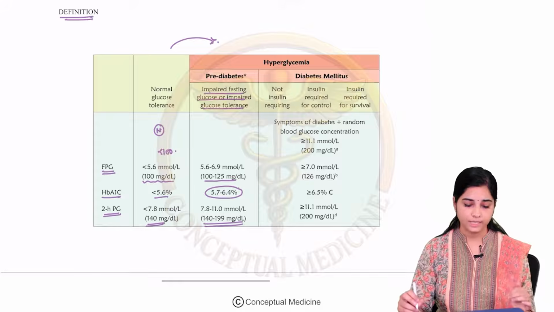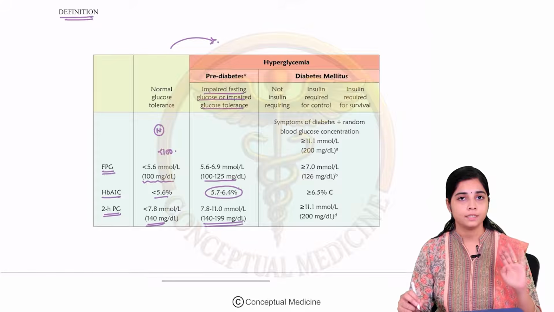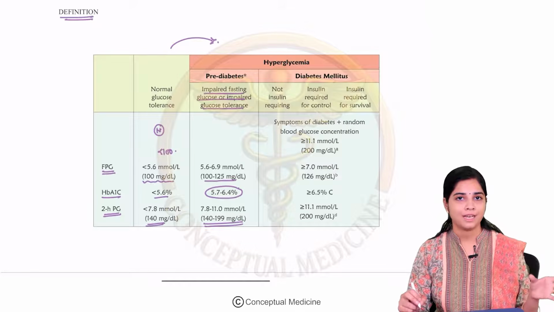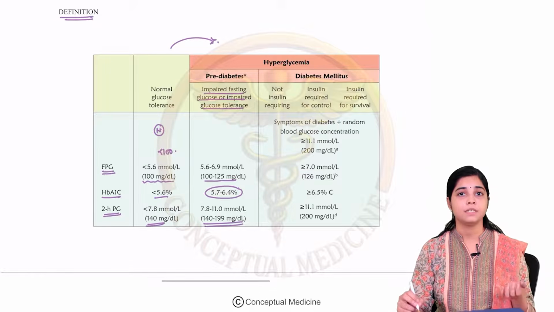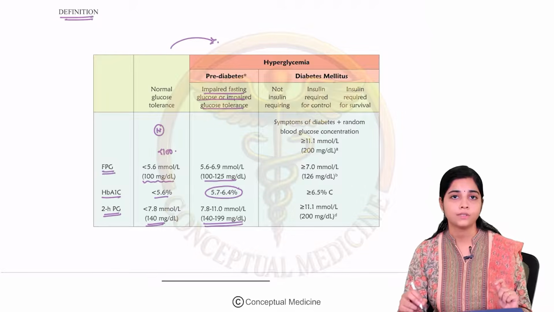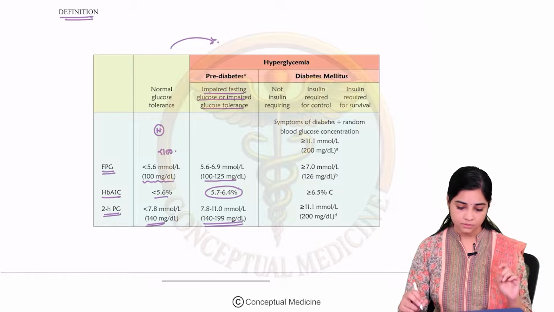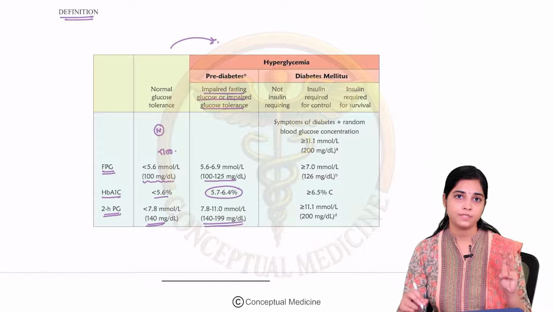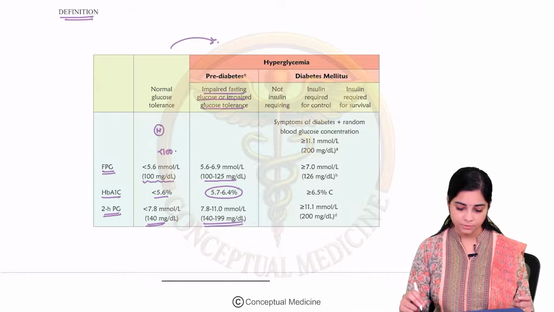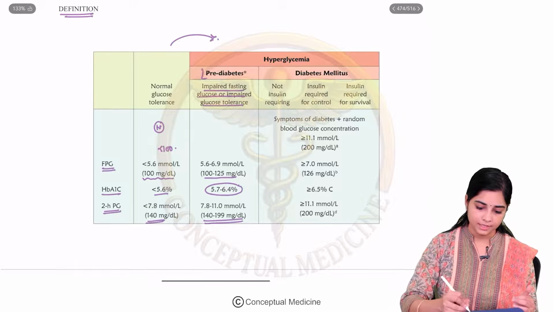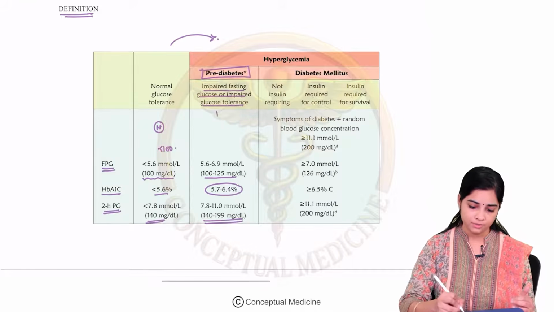HbA1c is basically your glycated hemoglobin and it represents your average glucose over the past 3 months. So HbA1c is helpful in the diagnosis of diabetes. Fine. So if HbA1c is between 5.7 to 6.4, FPG is between 100 to 125 and 2-hour postprandial is between 140 to 199, then we call it pre-diabetes or impaired glucose tolerance.